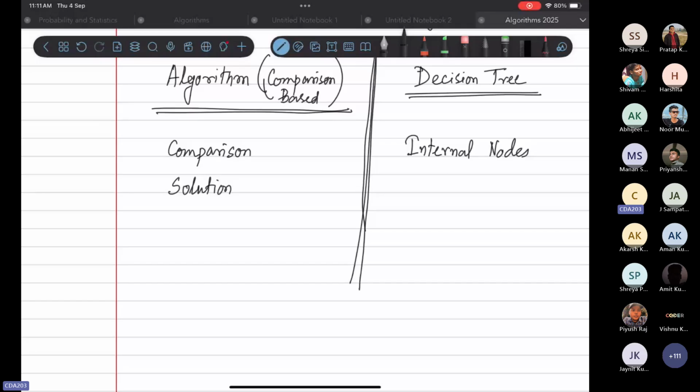What is the thing that represents a solution? So the solution is actually the leaf nodes, right? You got it right. Okay.